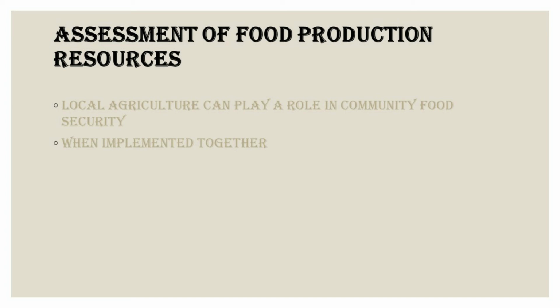Several key questions might be asked in an assessment of food production resources, such as: Does the community have food production or food distribution resources? Do low income households have the opportunity to participate in community gardens or other food production activities?